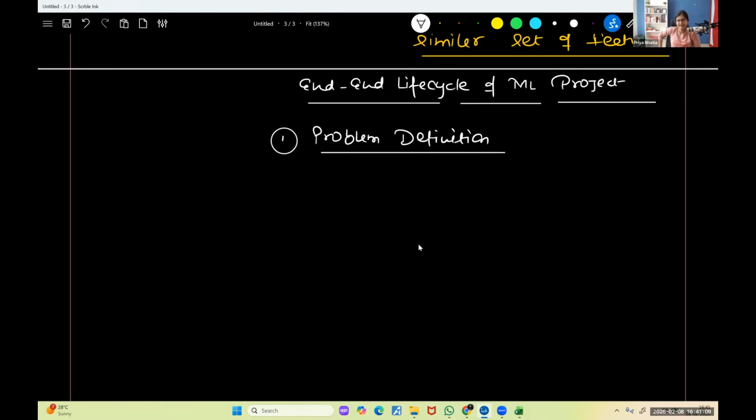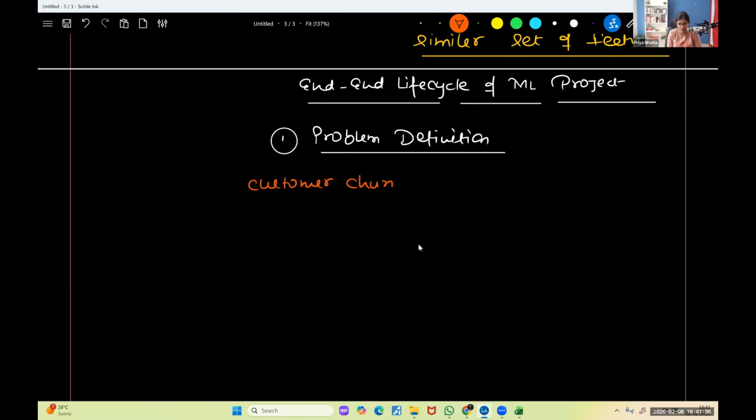Depending upon what specific project we want to solve, we will try to understand the problem. We will try to deep dive into it. We will try to understand the use case and its impact in real time. For example, let's say we have a problem of customer churning.